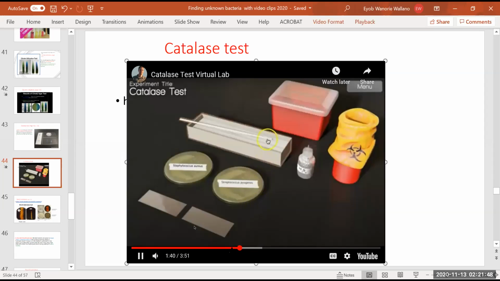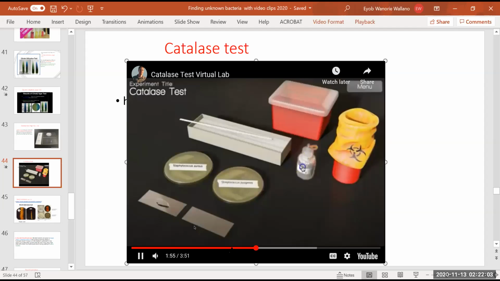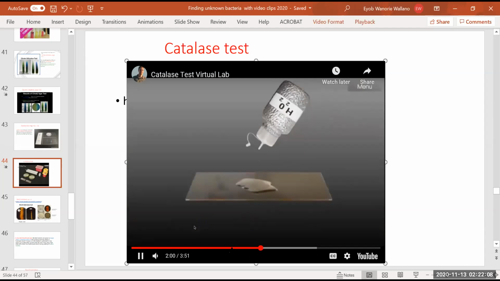Here's our setup. You can see we've got all the different components we talked about. The first thing we needed to do, remember, is add hydrogen peroxide to our slides. So there's the first one. Here's the second one.